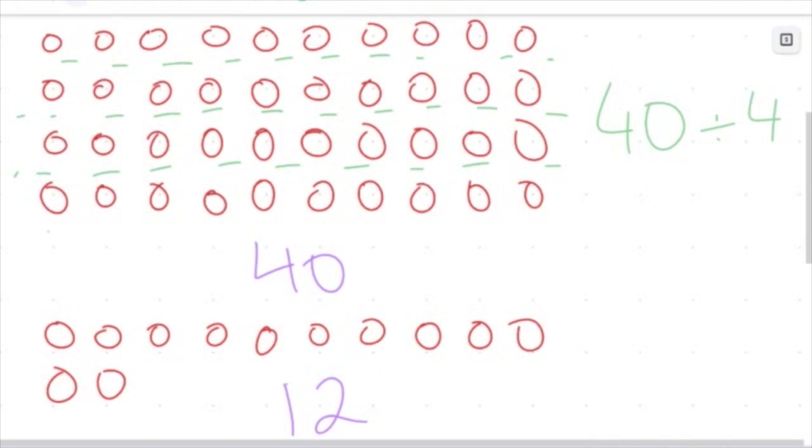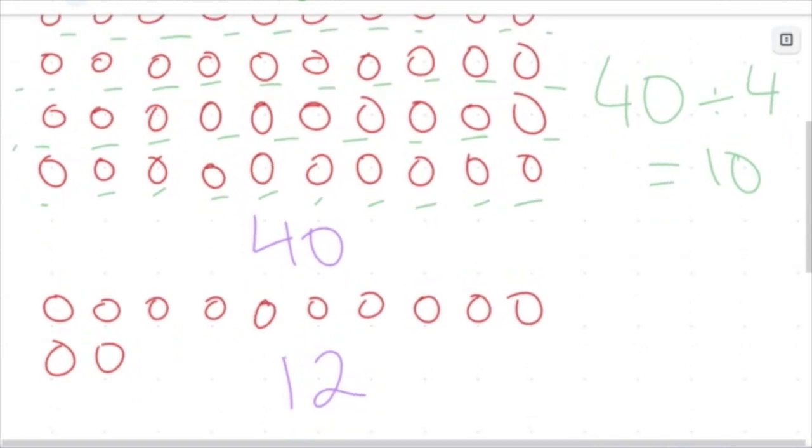Well, I have 1, 2, 3, 4, 5, 6, 7, 8, 9, 10. So when I divide 40 by 4, I get 10. And that should be familiar from your times tables because multiplying and dividing are opposite operations. If I multiply 4 by 10 to give me 40, which I know from my times tables, I can divide 40 by 4 and that will give me 10. So we can go back and forth with these types of operations.